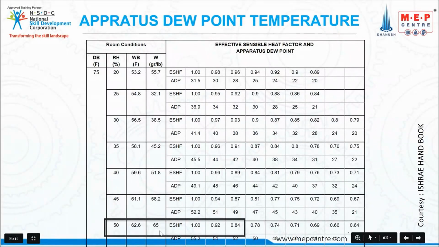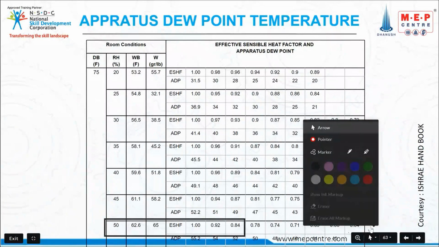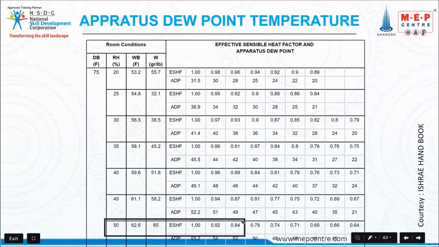Okay, so we have ESHF. The ESHF values we have are 0.84 and 0.92, but our ESHF value is 0.88, right? For 0.84 it is 52. For 0.92 it is 54.